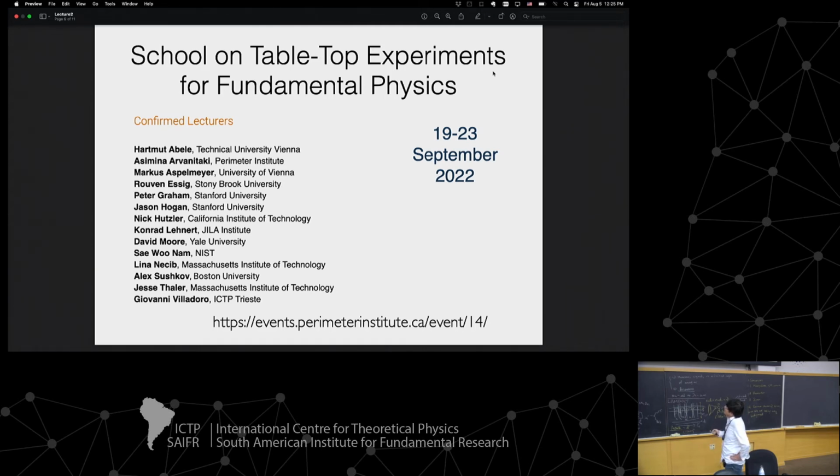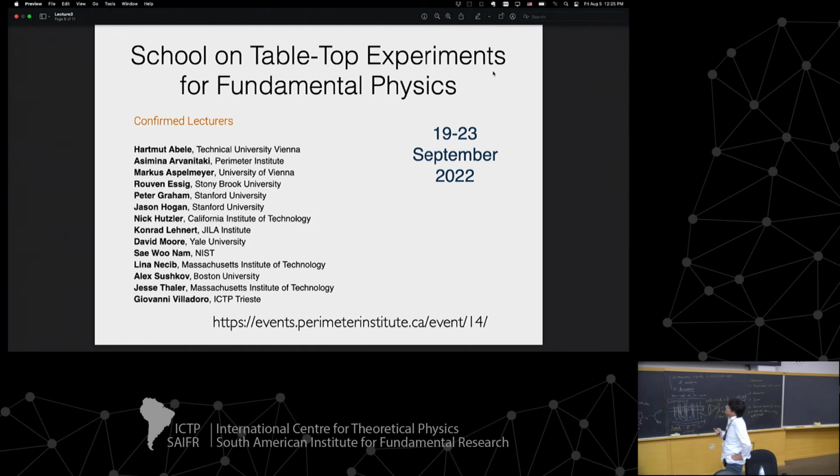So of these lecturers, half of them are experimentalists, and I think 6 of them are theorists, coming from different institutions. The idea is to have the experimentalists give serious experimental lectures, and get the theorists to give the experimentalists theory lectures, right?